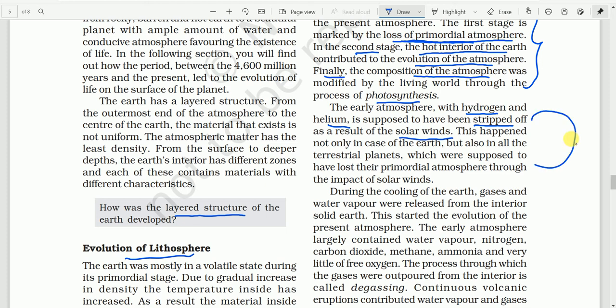Let us say this is the Earth, surrounded by hydrogen and helium gases. These are light gases. Because of the solar wind, these light gases were wiped off from the surface of the Earth, and from the other planets also, because of the impact of the solar winds.